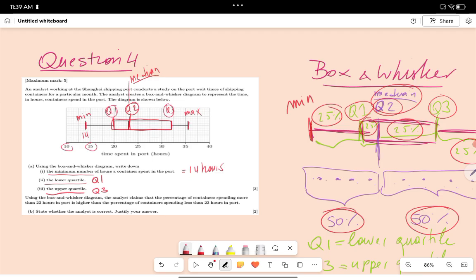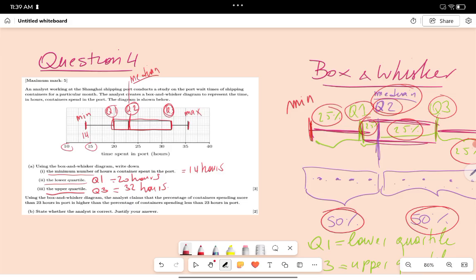So Q1 is the lower quartile, and therefore it is 20 hours. And the upper quartile is Q3, that's that one. What is the value here? That must be 32. 32 hours. All right, so that's 32 hours.